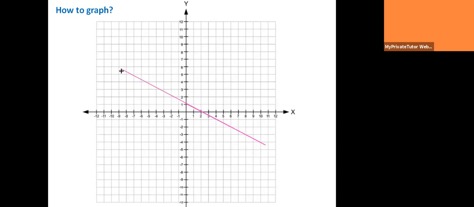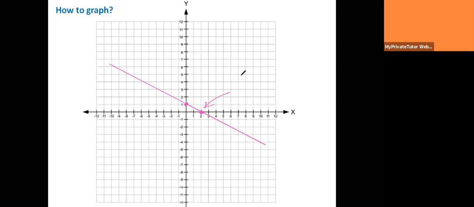Can anyone tell me what the x and y-intercepts of this graph, this line, are? These are the points. Please tell me, guys, what is the x-intercept? This is the x-intercept, where the graph crosses the x-axis. So the x-intercept is (2, 0).